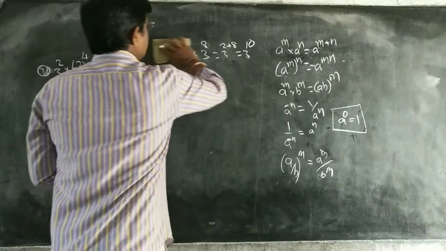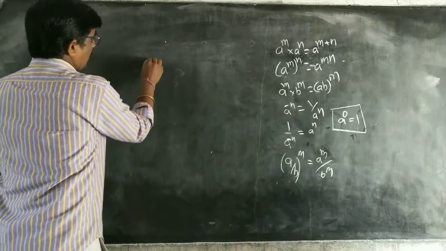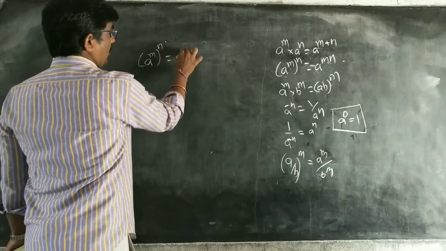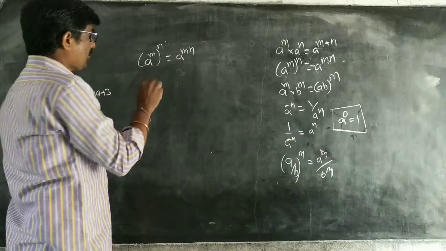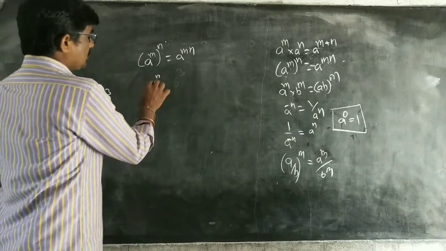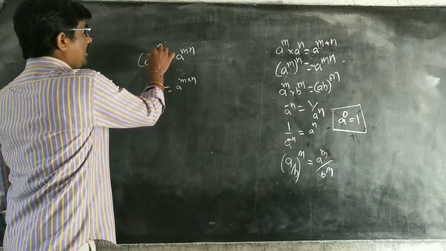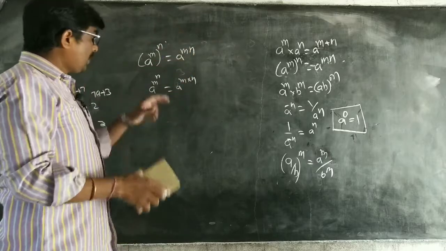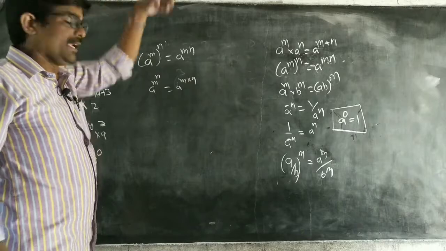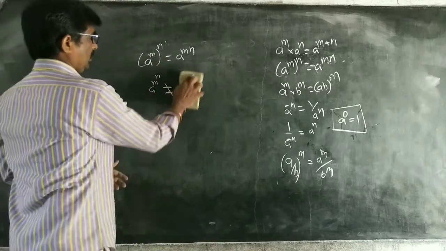Again, you have to remember one thing. (a^m)^n is equal to a^(mn). But sometimes a^(m^n) is given, so don't write a^(mn). Here you have to multiply m by itself n times, m^n. So both are not equal. (a^m)^n and a^(m^n) are not equal.